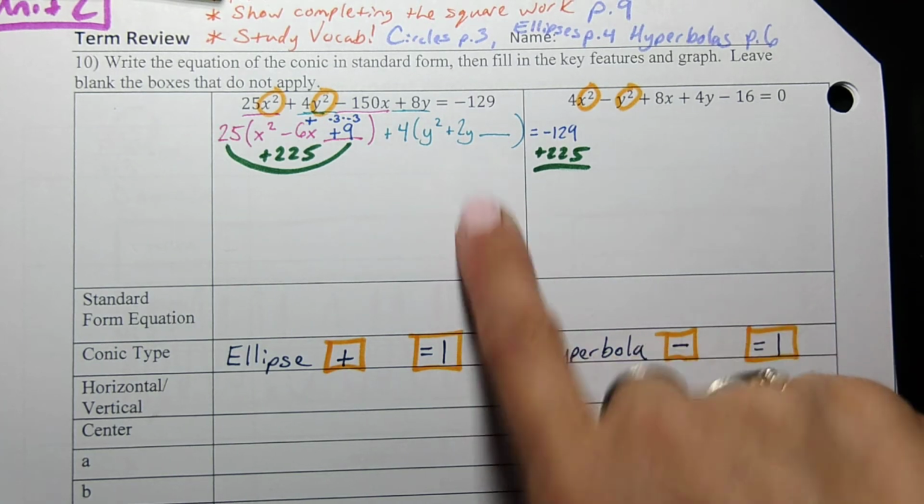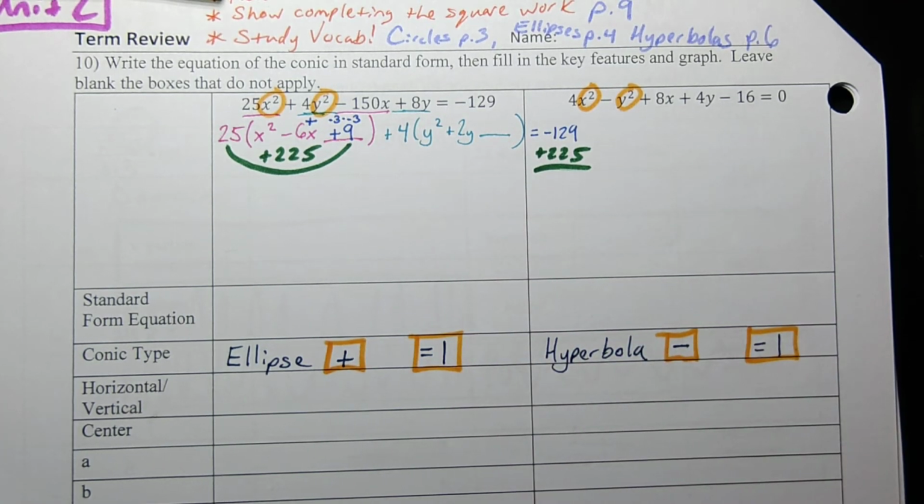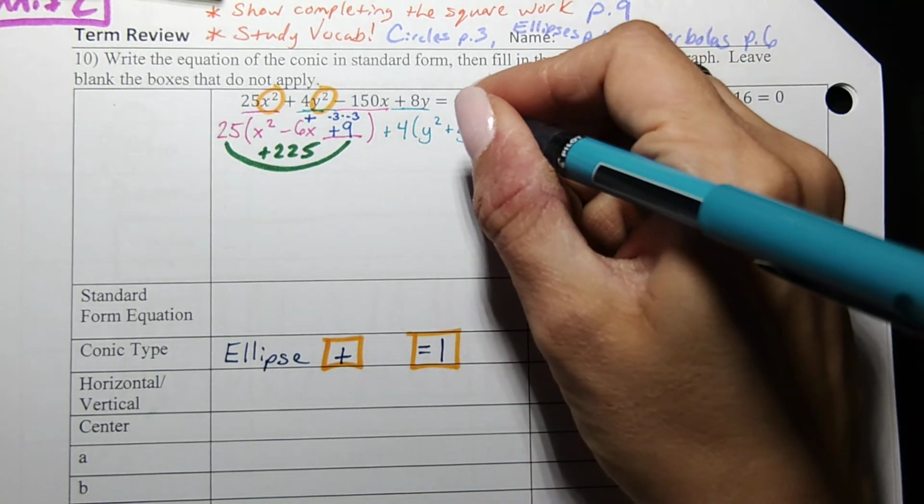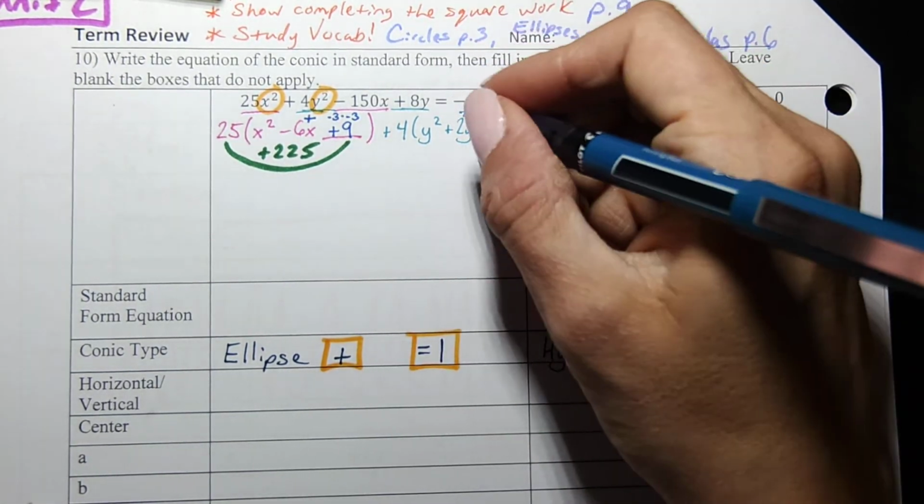See if you can complete the square with the y stuff. Two numbers that are the same that give us a sum of 2: 1 and 1.